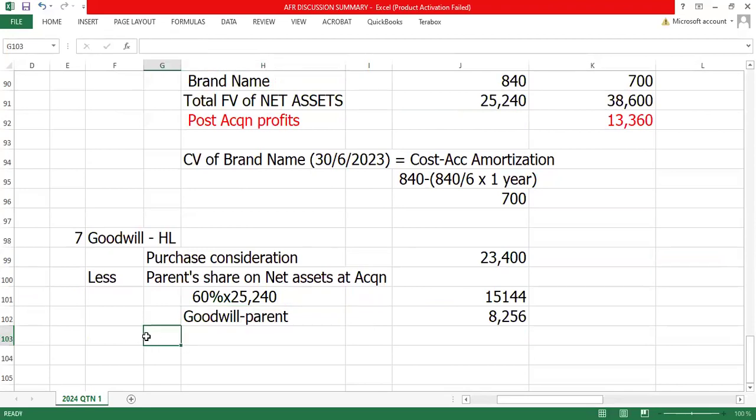Then, because we are using the full goodwill method, we look at the fair value of NCI at the acquisition date. What was the value of NCI at acquisition date?